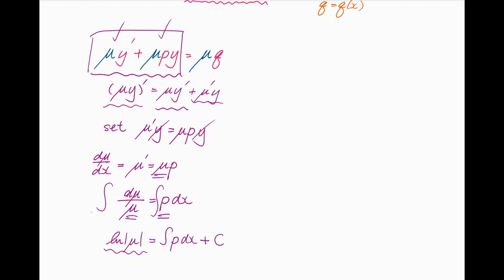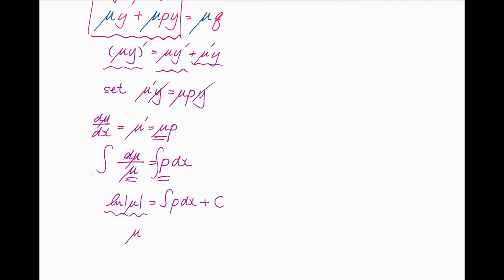So now I can say that my mu would be e to the power integration of p dx plus constant. And of course, the plus constant, I can write it as e to the power integration of p dx times e to the power c, right?